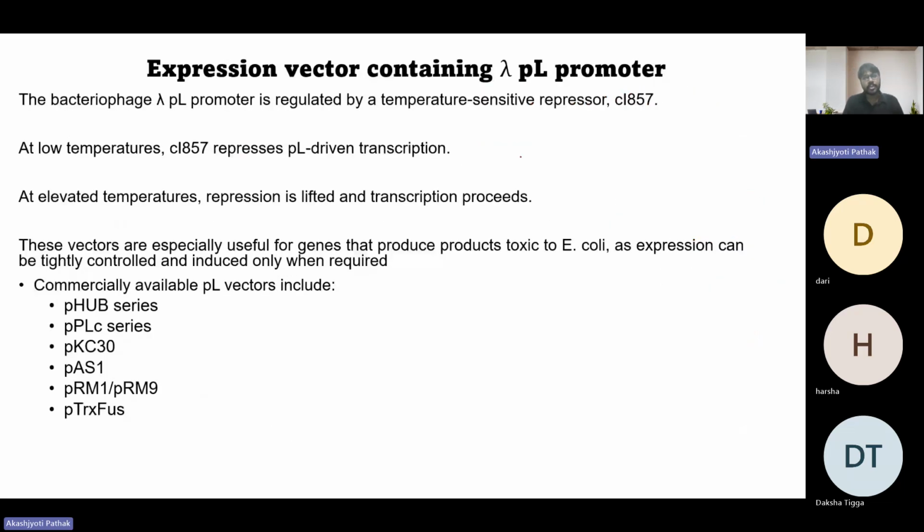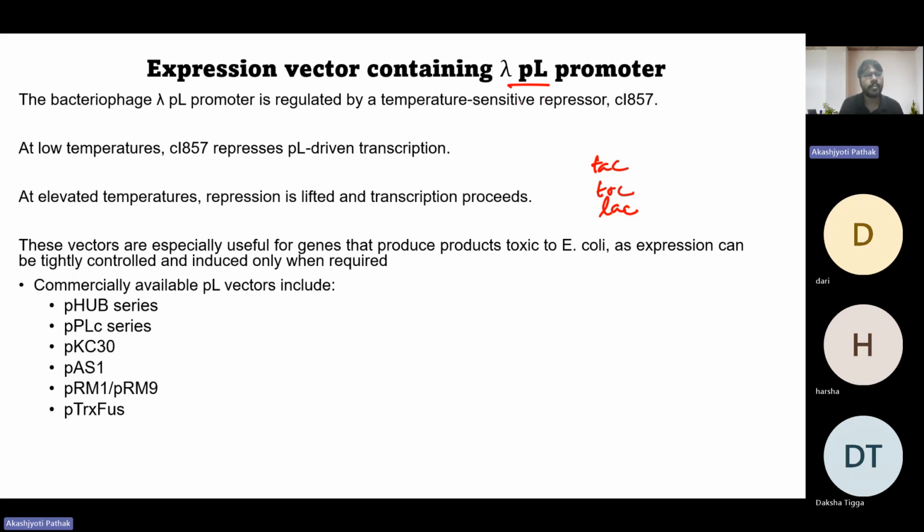Now there are different types of promoters actually. Your expression vector can have the tac promoter, which is a combination of the trp promoter and lac promoter. Then there can be the trc promoter, then the lac promoter. So different types of promoters can be present. Then there is another type of promoter called the lambda PL promoter.